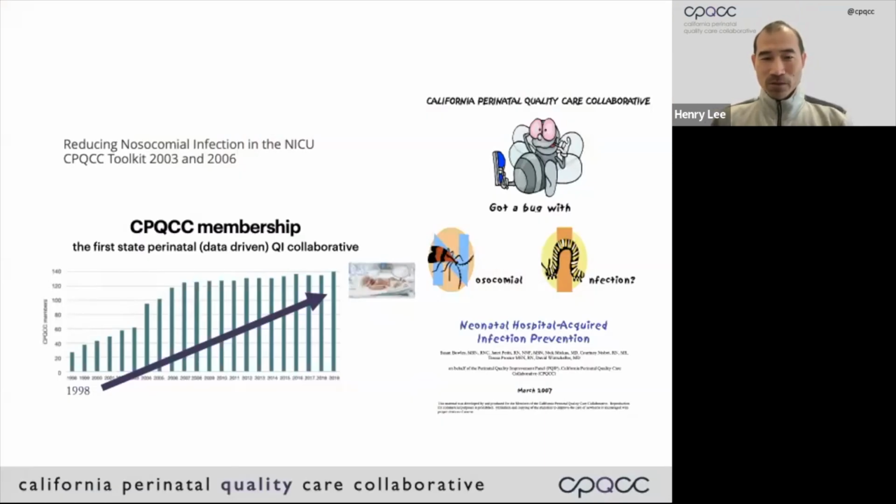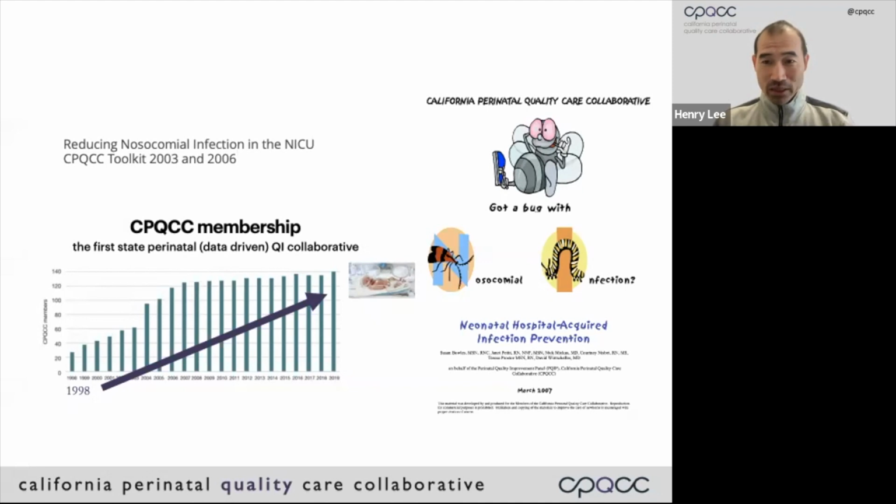So just a little bit of history. CPQCC started in 97, 98, and our membership has grown, and as probably many of you are aware, our collaborative is considered really a leading perinatal collaborative, perhaps being the first, but also an innovation in quality improvement as a role model for many other state collaboratives.